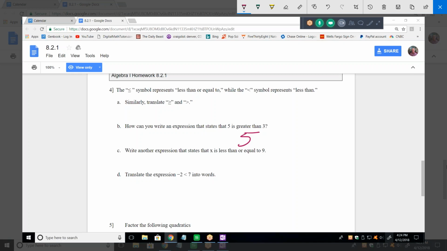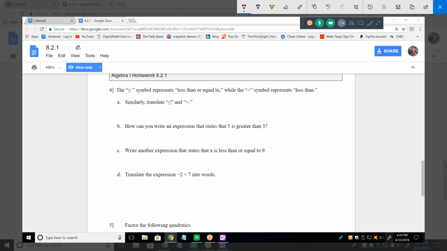It's the right arrow without the equal sign. Well, I suppose technically 5 is greater than or equal to 3, but it's definitely greater than 3. Okay. And that's what the words say. In other words, the fact that it said greater than, we're only using that sign right there.